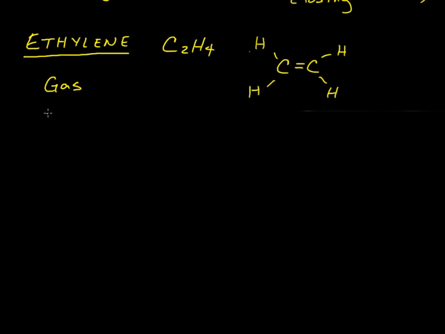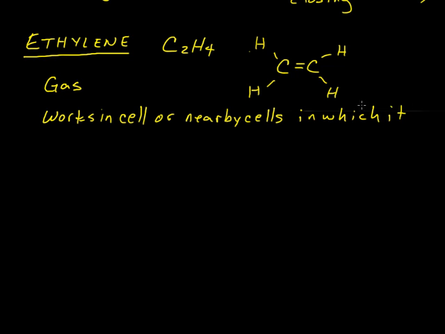And for the most part, the ethylene works in the cell or nearby cells in which it was produced. In other words, there's not long distance transport of ethylene gas within the plant.